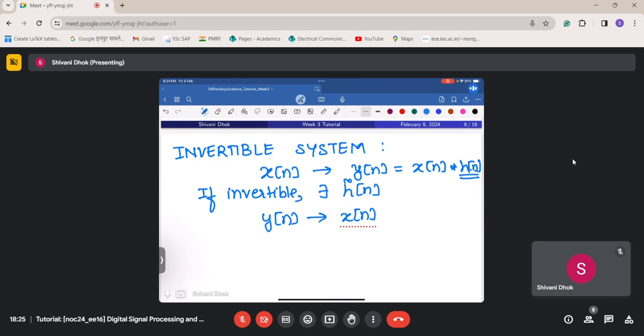And this x[n] will be related to h tilde[n] convolved with y[n], and this thing is related.